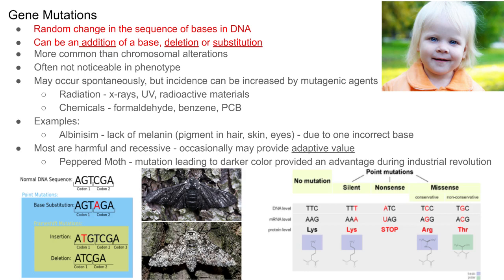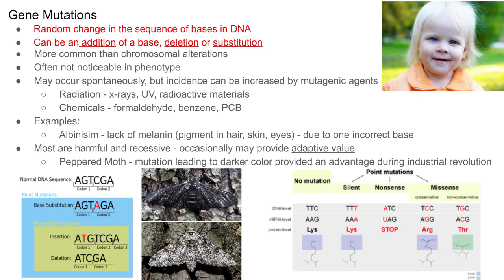These are the words we have for them. An addition is when a new letter gets put into the DNA by accident. A deletion is when one letter in the DNA code gets removed. A substitution is when one letter is substituted for another. And all of those things can change the information that those genes are coding for.